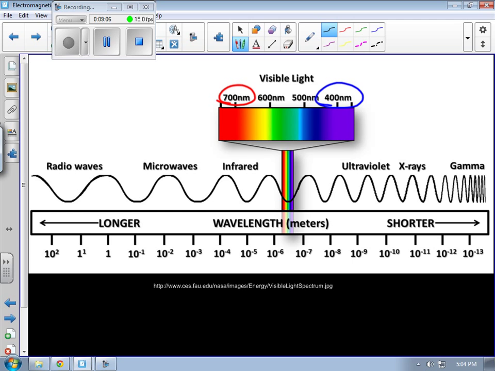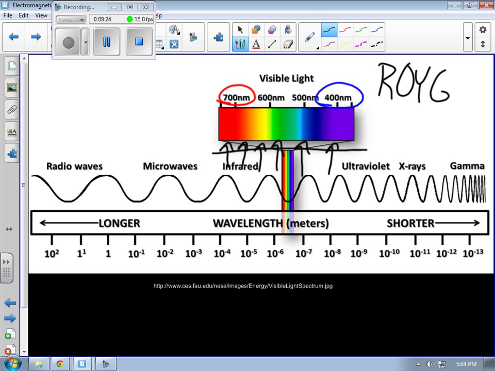So we have red, orange, yellow, green, blue, violet. If you've never heard of the acronym before, you will today, and it's Roy G. Biv. So we have red, orange, yellow, green, blue, violet. It used to work a lot easier when they had indigo still in there, but they took that out. So now it's just Roy G. Biv.